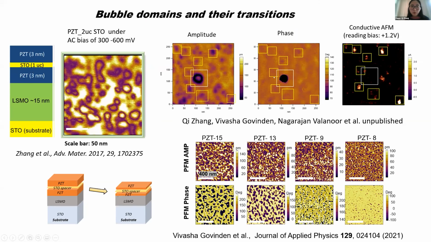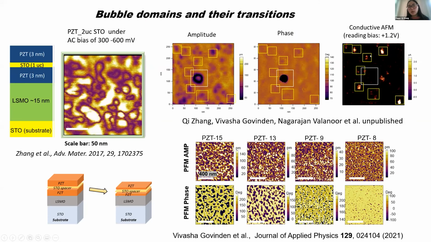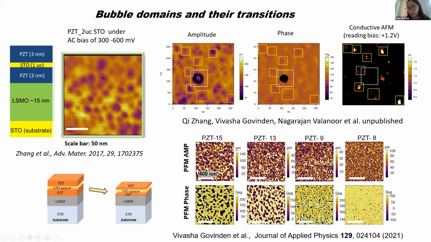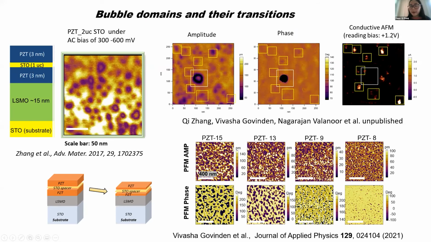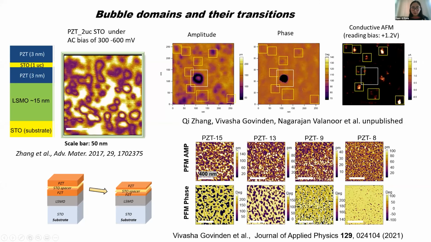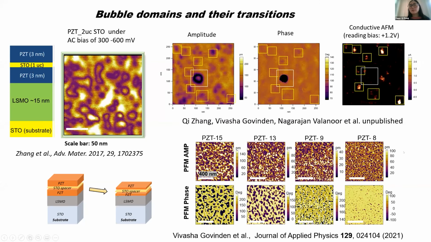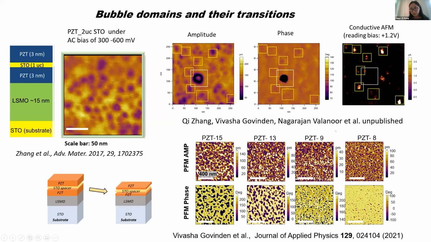We also found that these domains show higher conductivity compared to the neighboring areas according to conductive AFM. That means if we have a chance to make devices, we can probably realize some memory functions based on this material.